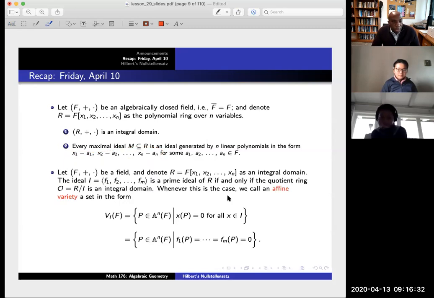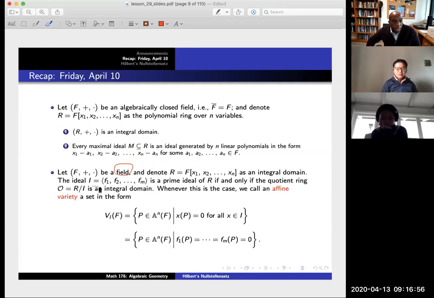Next, we talked about this idea of an affine variety as coming from this quotient ring. Now, let's say that F is a field. I am not assuming F is algebraically closed. Later on, I'll show how we're going to bounce back and forth between when F is algebraically closed and when it is not. For the moment, assume that it is not.